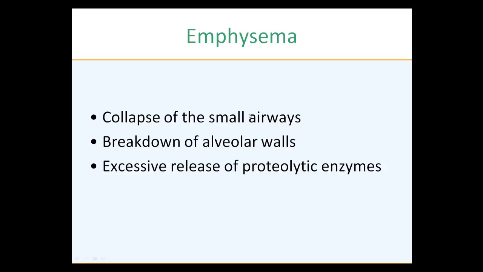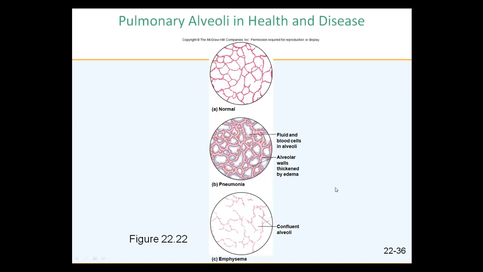Again, in emphysema, you don't have to remember this, since this is not a pathology or clinical class, but there is a collapse of the small airways, and you will see in the next slide that the alveolar walls are also collapsed, and those proteolytic enzymes chew off the lung tissue.